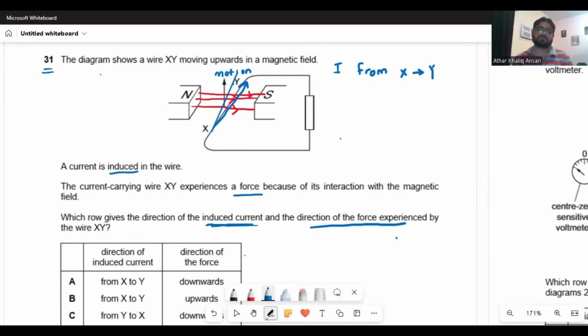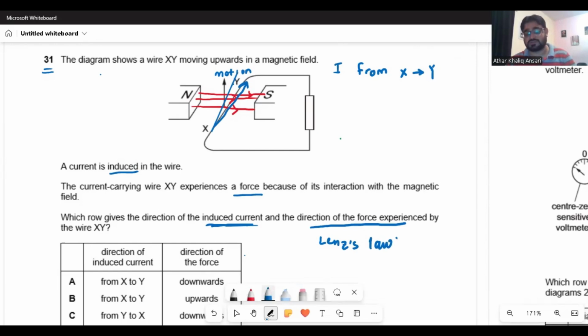Okay, now moving to the direction of the force experienced. There are two ways to talk about the experienced force. When current is there and it is induced due to an external magnetic field, Lenz told us in his Lenz law that the force will be opposing the cause. So the cause is the motion, which is upward. So according to Lenz, the opposing force will be away from the motion.